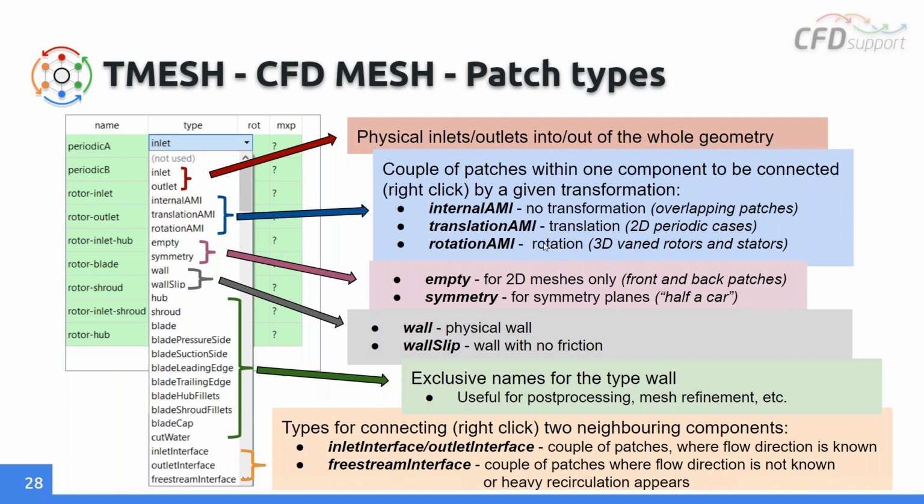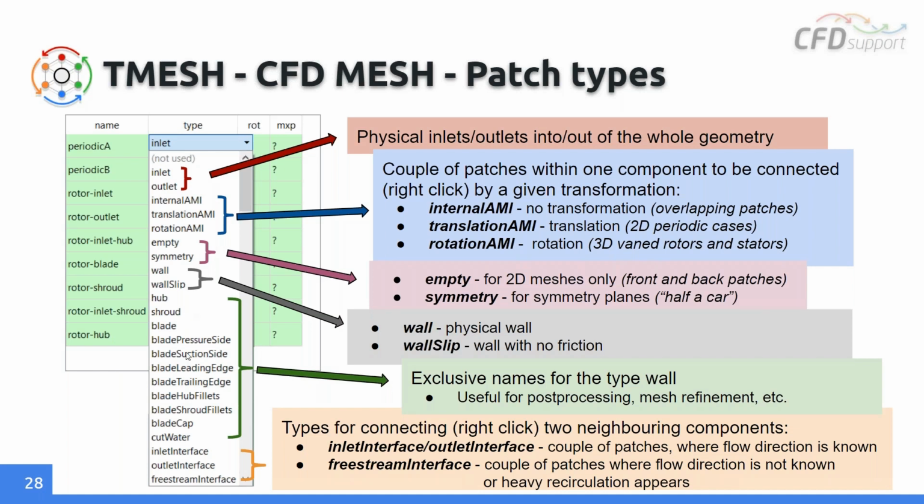For our case, where the segment has rotational symmetry sides, we will apply the rotational AMI. Then we have empty and symmetry, restrictive patches which we are not going to use. Then we have a general wall type which simply describes a physical wall, and wall slip, which describes a wall with no friction. Maybe it's not up to date, because now the wall slip boundary condition is defined within the CFD part. We will not be using this here.